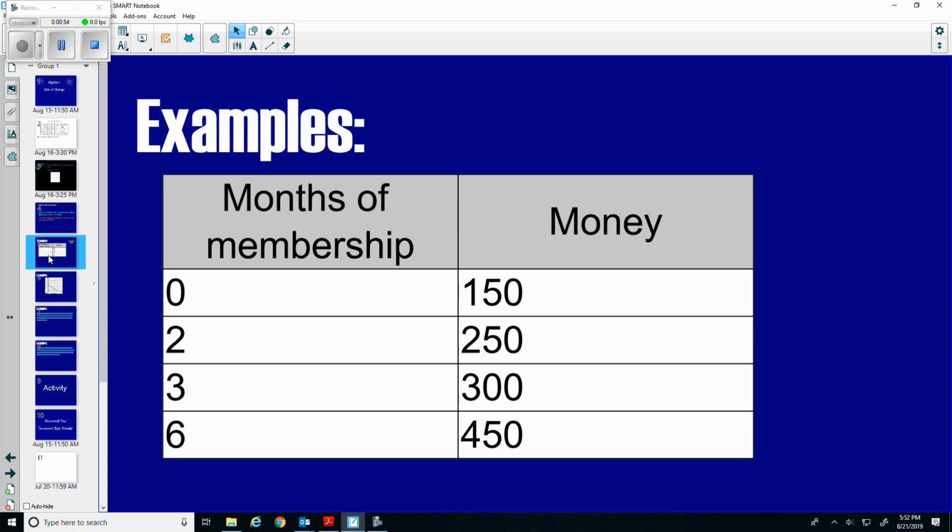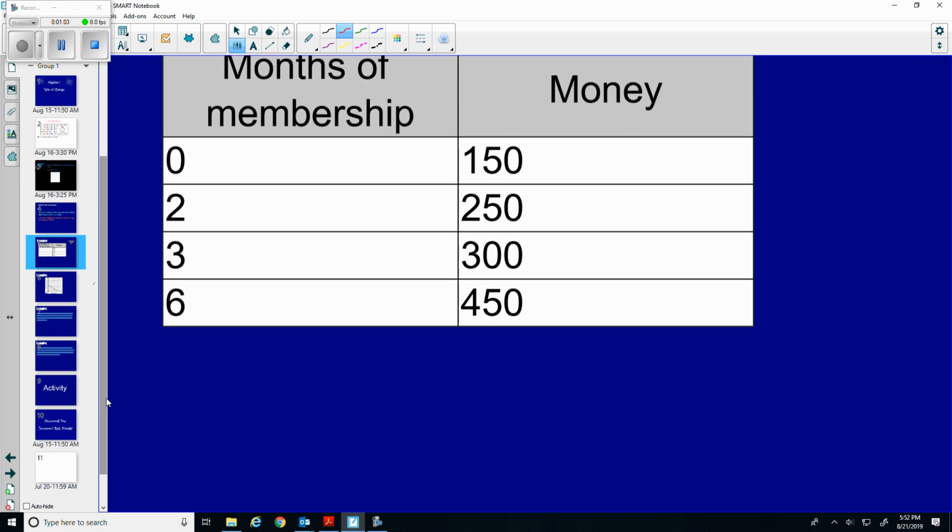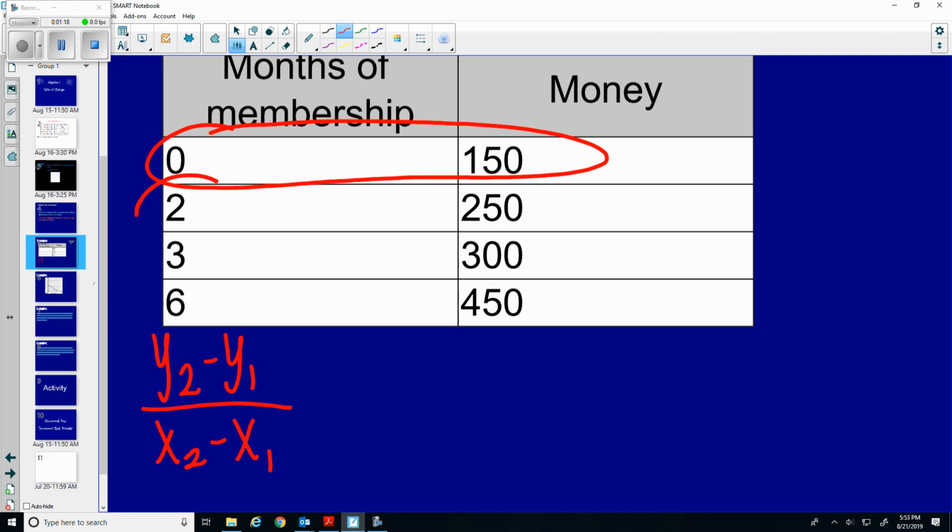We dealt with tables yesterday. Again, we are finding the exact same thing. We're finding slope, doing the exact same thing as yesterday, so we're going to have our y2 minus y1 over x2 minus x1. My first two steps are to take my 2 points and label them 1 and 2.